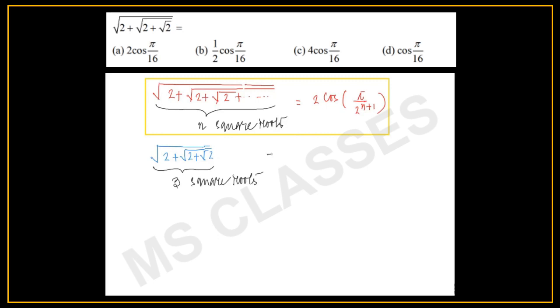So according to our expression, it will be cos pi by 2 to the power of n plus 1, so 3 plus 1. So this gives us 2 cos pi by 16.